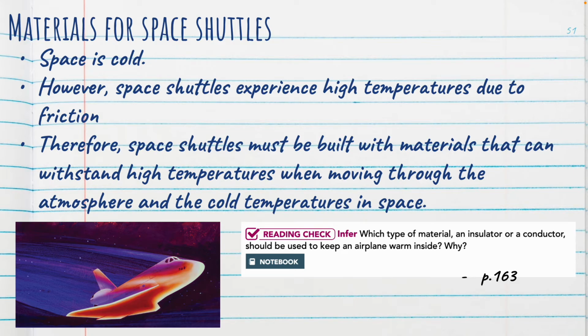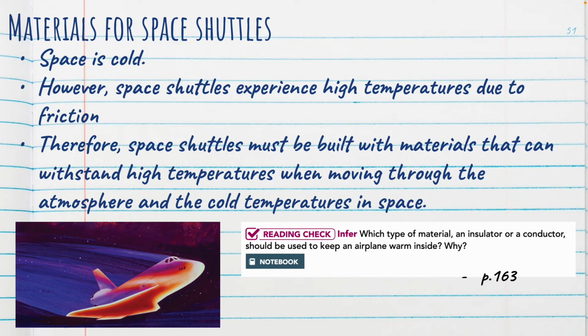The last thing in the book talks about space shuttles, which is a really interesting side topic. Space is really cold. But as space shuttles go out into space, they actually experience really high temperatures due to friction with the atmosphere. They have to get going really, really fast.